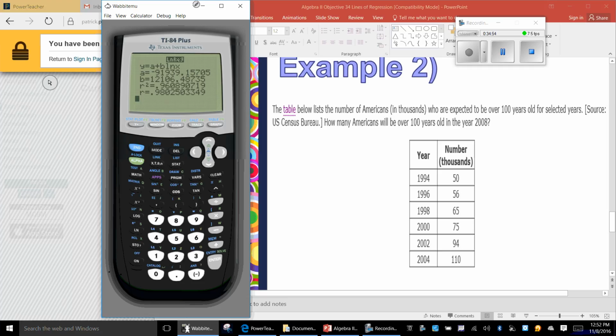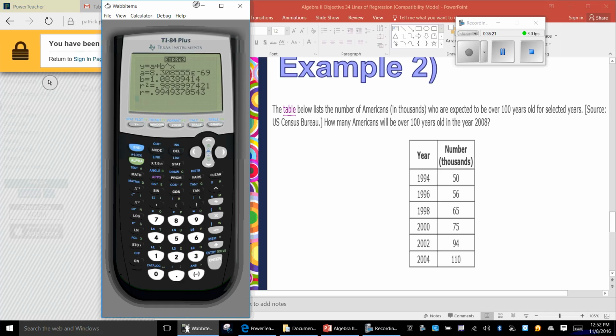The natural log is 0.98. Is that any better? No, 0.998 is going to be closer to 1. So far the quadratic is the best. Let's look at the exponential just to make sure. So if we go down to choice 10 and click on the exponential, it's 0.994. Now which one's better, 0.998 or 0.994?